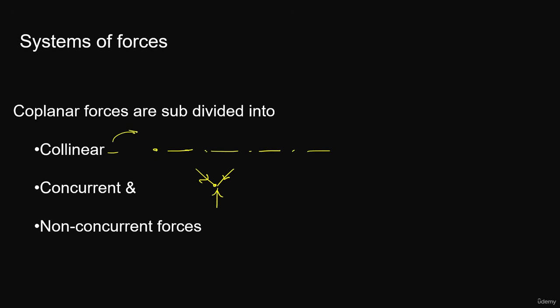Here the key word is single point. And non-concurrent forces do not intersect at the same point; instead, they intersect at multiple points. Now let's try to understand all these three systems of forces more deeply.